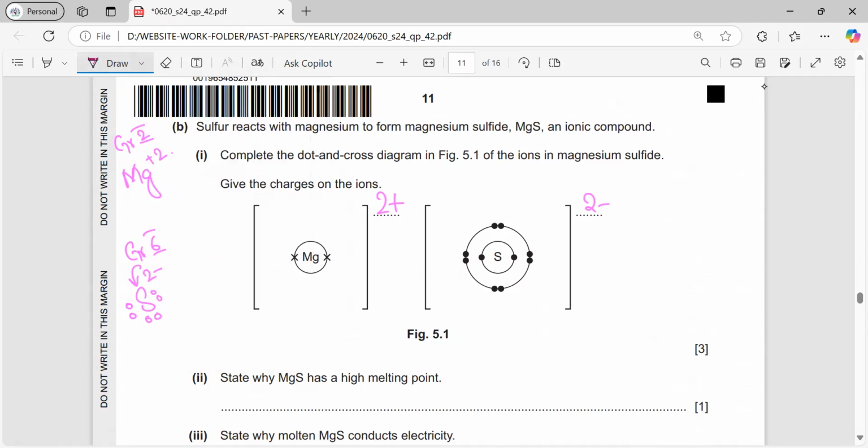Now, if we draw their shells, magnesium's atomic number is 12, so its configuration will be 2, 8, 2, and after losing 2 electrons, it will become 2 and 8. So the first shell with 2 electrons is already made. We'll make the second shell with 8 electrons.